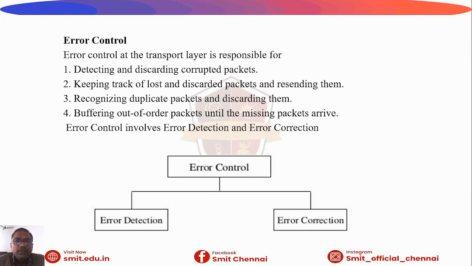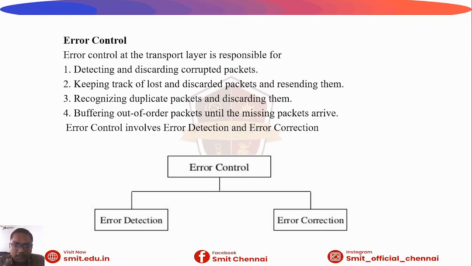Thirdly, we need to find out duplicate packets and remove them. The fourth one is buffering out-of-order packets until the missing packets arrive. That is, each and every packet is sent in a particular order. In case any packet is missed in between, the order of the packets will become out of order.